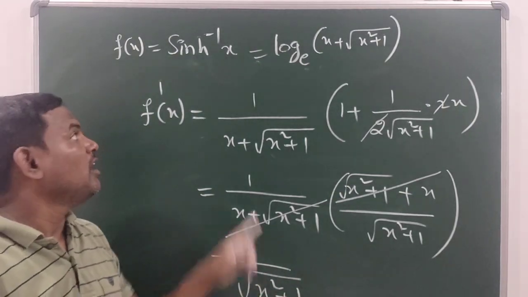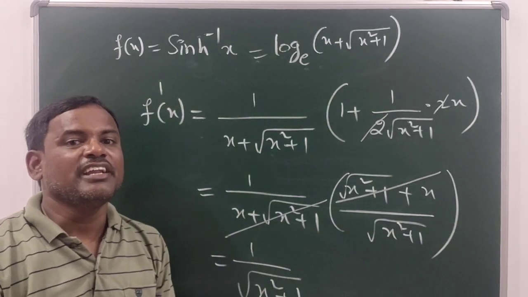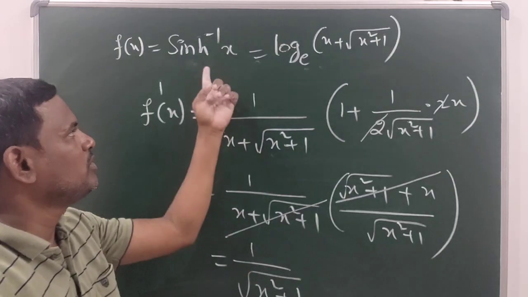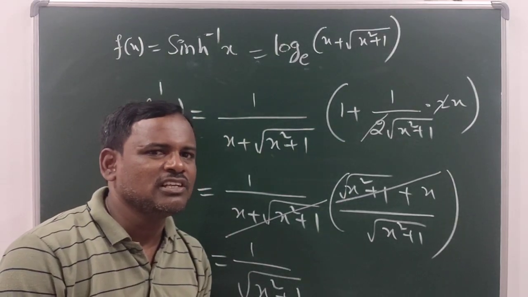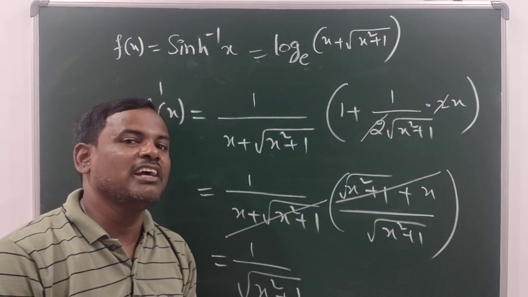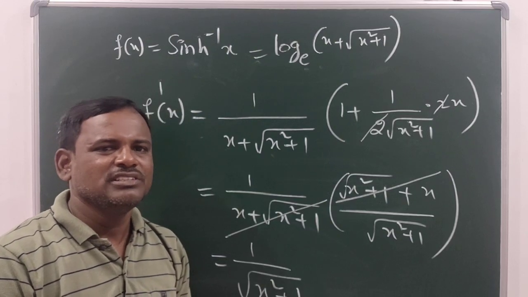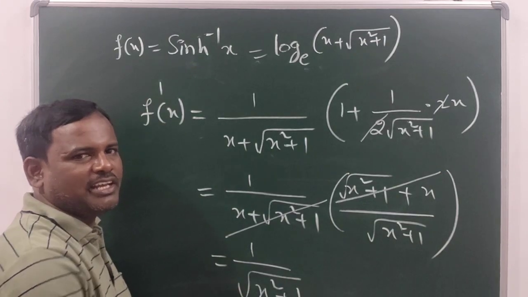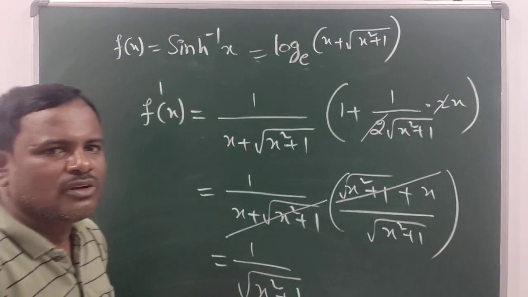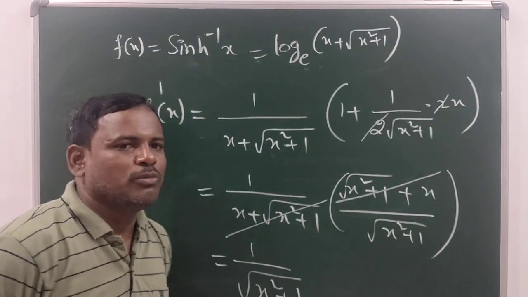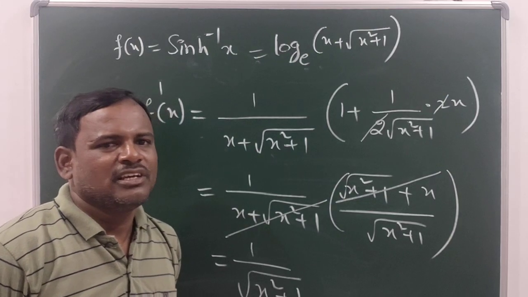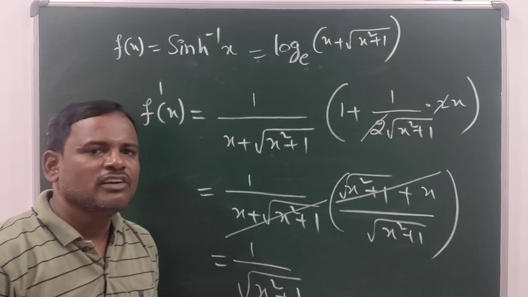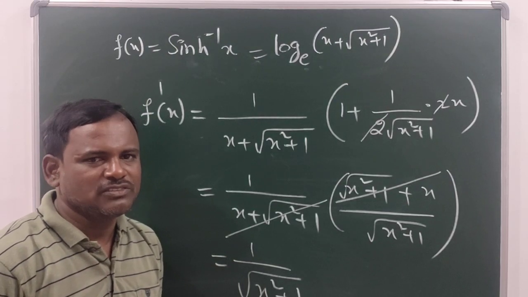So this is the derivative of sinh inverse of x. You know the domain of sinh inverse of x is the set of real numbers, whereas the range is also the set of real numbers only. So here x can be any real. In its domain it is continuous, hence the derivative is possible, whose derivative is 1 by square root of x square plus 1.